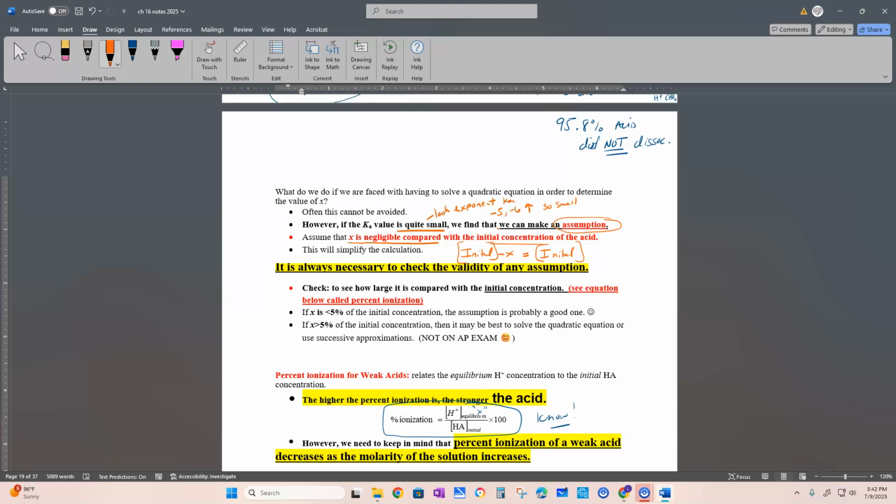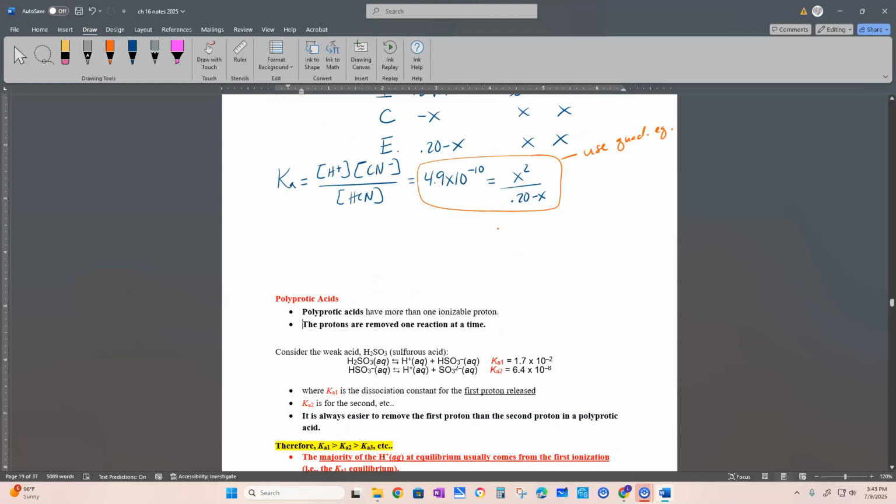So small. Okay? Now, the problem is, by us assuming, we have to check. And how do we check? We use percent ionization. Okay, so let me show you first, then I'll come back to this. So we make a note instead. I'm not doing the quadratic. We say assume, and we put it right next to this.